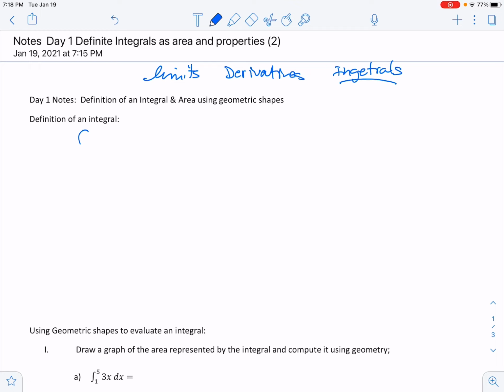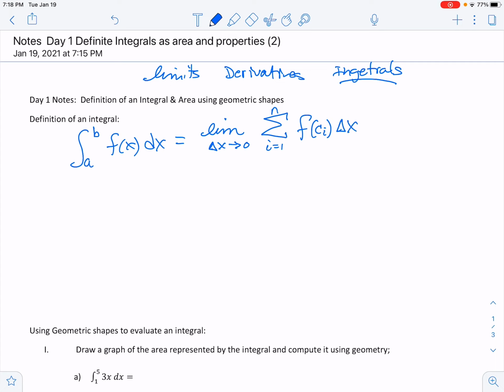Write it down. I'm going to integrate from a to b of the function f of x dx, and that equals the limit as delta x goes to 0 of the summation as i goes from 1 to n of f of c sub i times delta x.